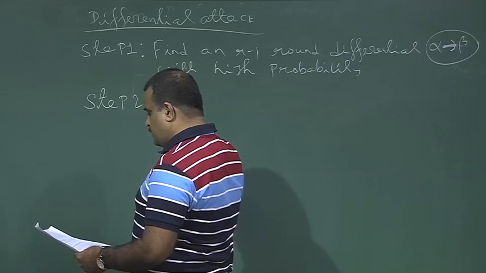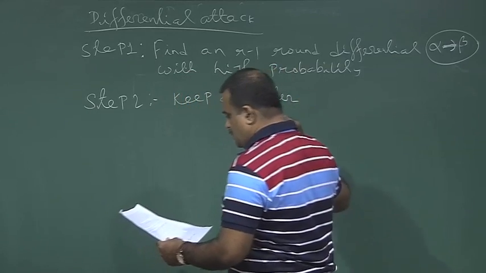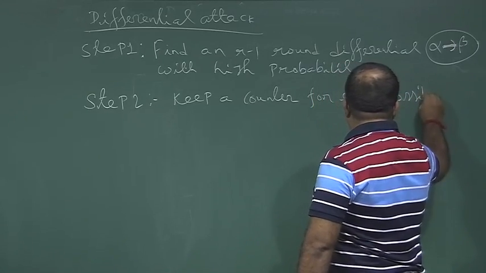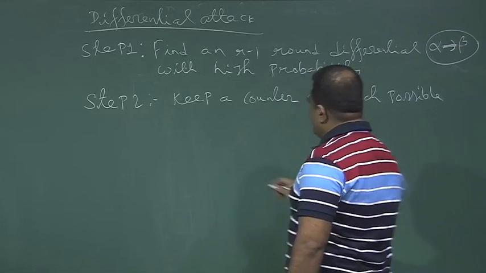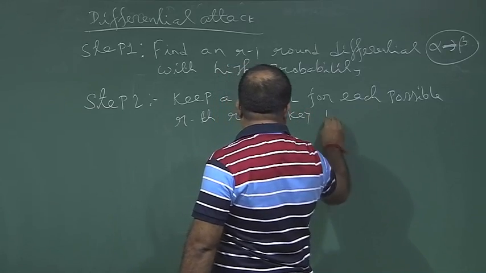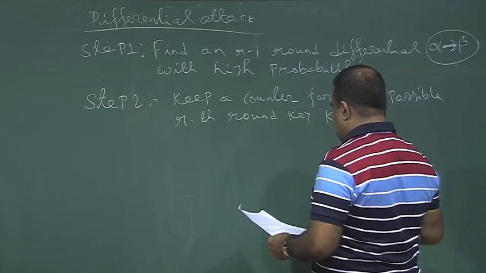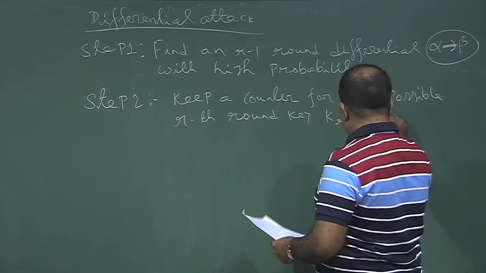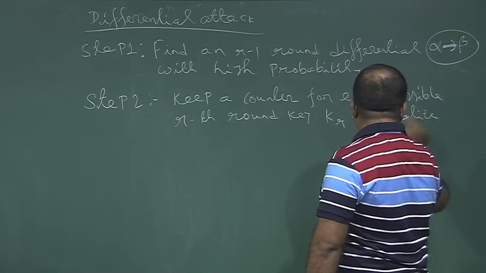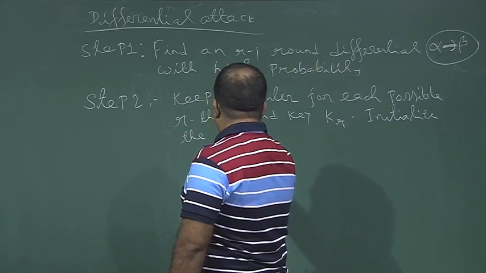For that we keep a counter for each possible Rth round key K_R, and we initialize all the counter values to 0.